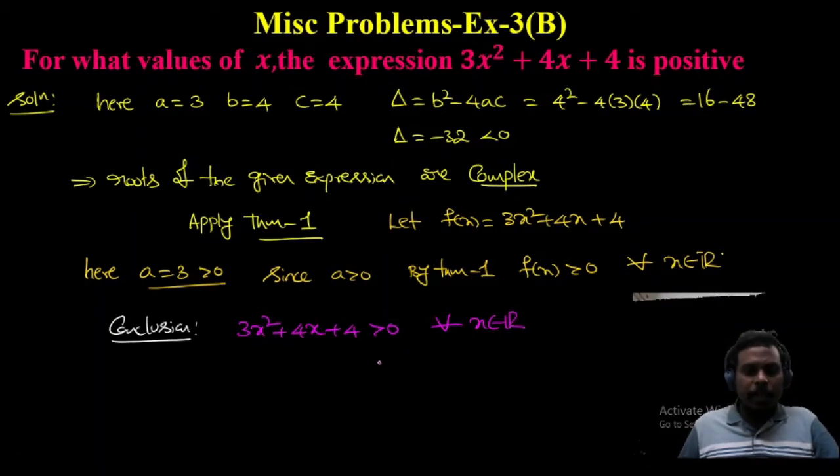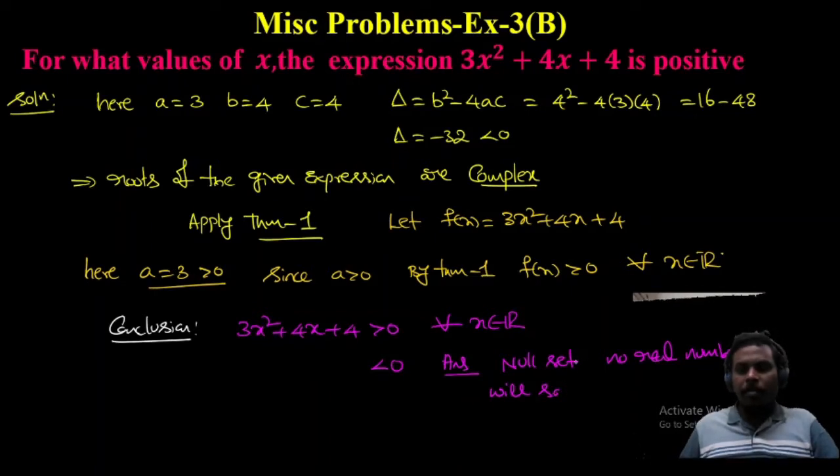Suppose a question is asked like this: for what values of x is this expression negative? What is the answer in this case? The answer is null set. That means no real number will satisfy that inequation.